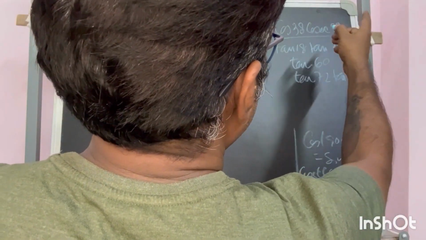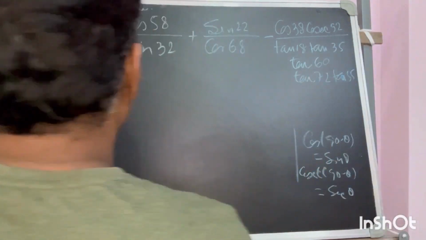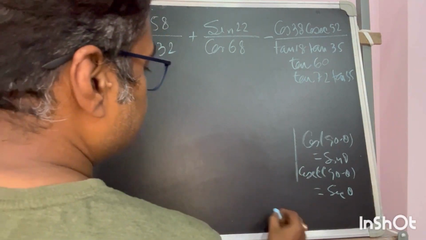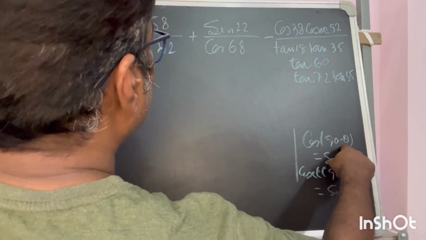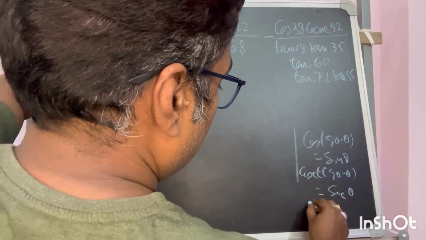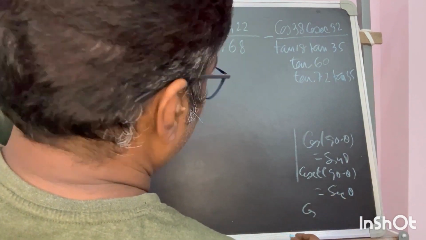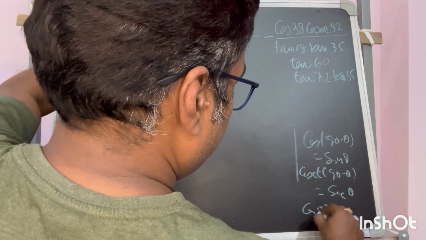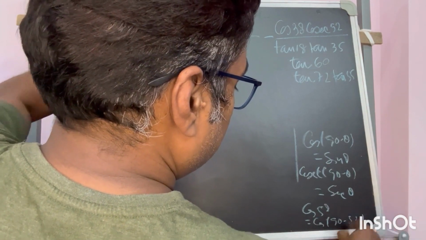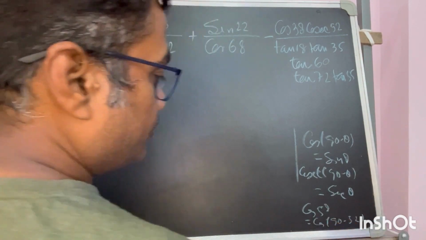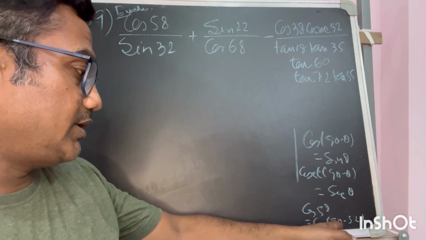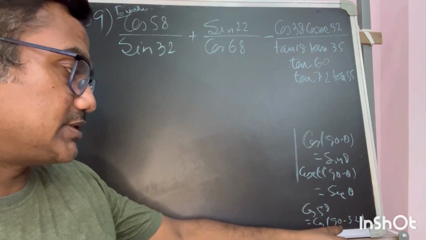So cos of 58 means cos of 90 minus 58 we can write here. Cos 58 can be written as cos of 90 minus what? 32, because these two angles together should form 90. So 58 can be written as 90 minus 32. That will give the same result.